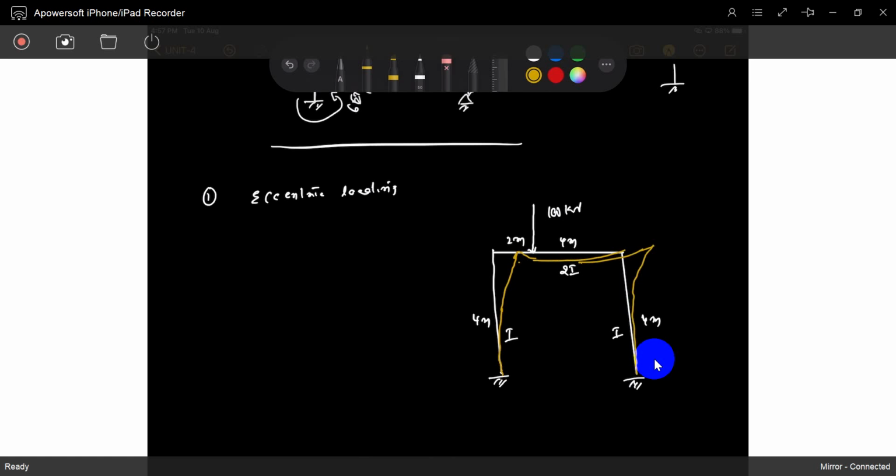You can see it experiences a delta. If we call the supports A, B, C, D, beam BC is displaced by delta. Are you understood? So displaced by delta.